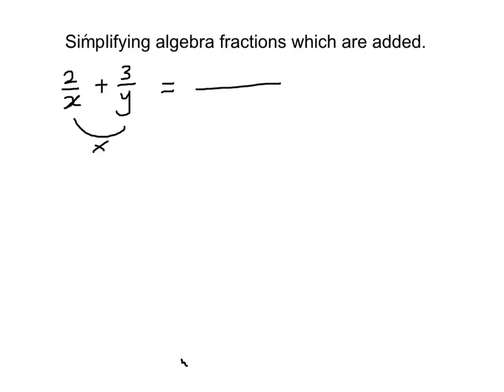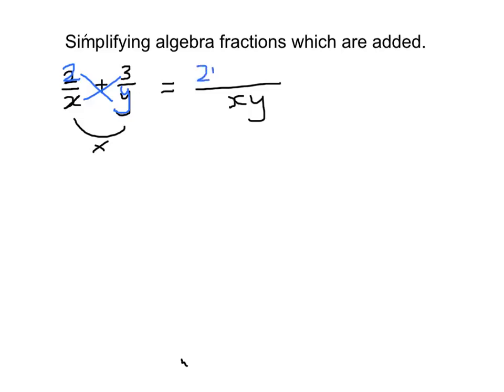So I'm going to make this all one fraction and I'll go x times y on the bottom. So I'll have xy, and then we've put that on the bottom, and then we cross multiply what's left on the top. And so I start with my 2 here, and I go 2 times the y at the bottom.